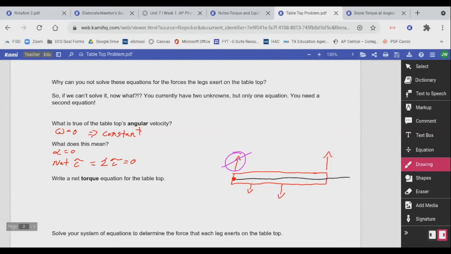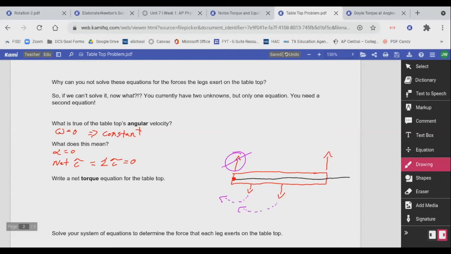Now that we know that that one's gone because the distance is 0, we understand the pivot point is on the left side. If the pivot point is on the left side, the force of the books really wants to try to get the table to rotate this way. The mg also really wants the table to go this way, doesn't it? If I were to take the legs off the table, make that a pivot point, doesn't gravity make it want to tip downwards, making it go in a clockwise direction?